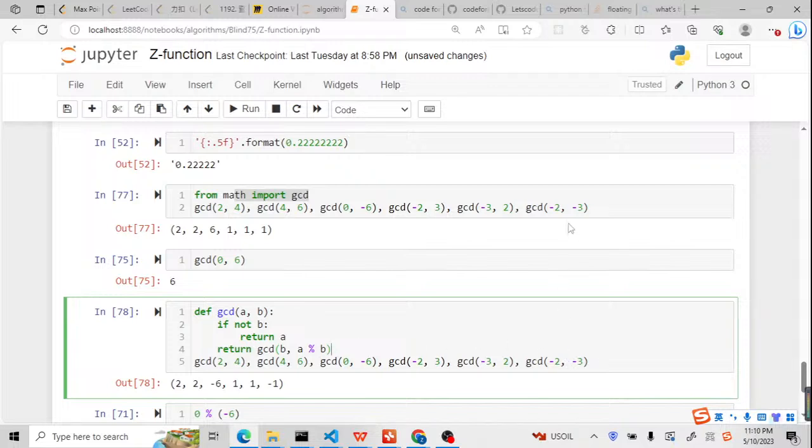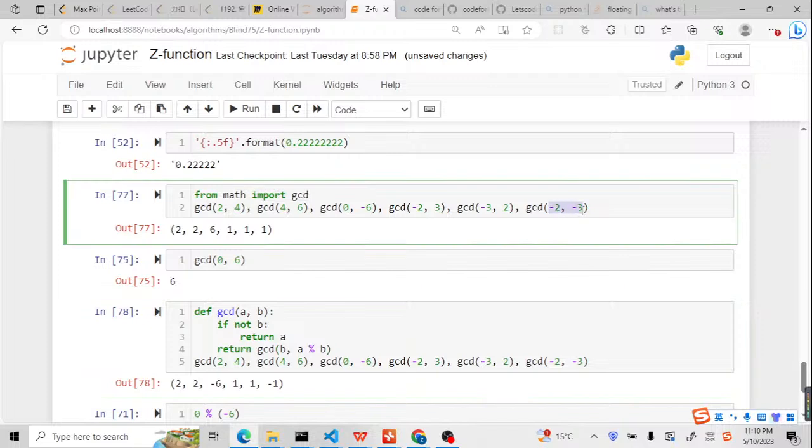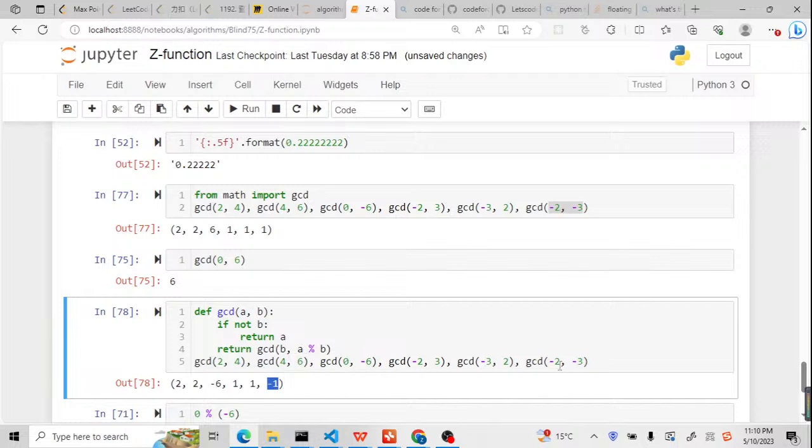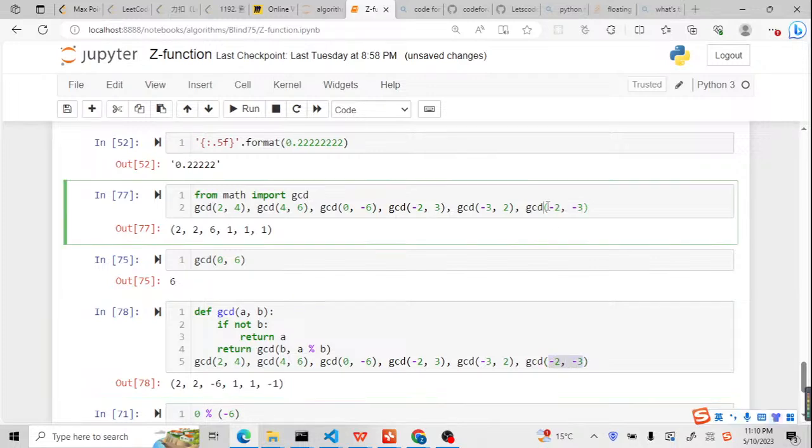The slope will always be unique no matter which way we calculate, because the final slope is always decided by those two numbers inside the GCD, minus 2 and minus 3. The result of the GCD doesn't influence the slope, whether it is positive or negative. So the slope will always be unique.